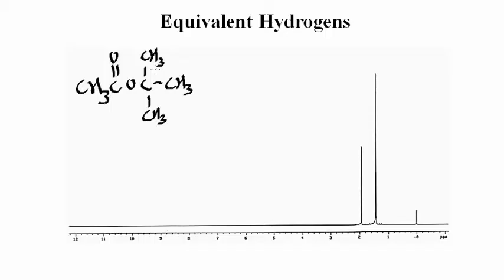Now, the relative areas of those signals give us information about the number of equivalent hydrogens that give rise to each signal. So the vertical rise of the line of integration over each signal is proportional to the area under that signal, which in turn is proportional to the number of equivalent hydrogens that give rise to it.